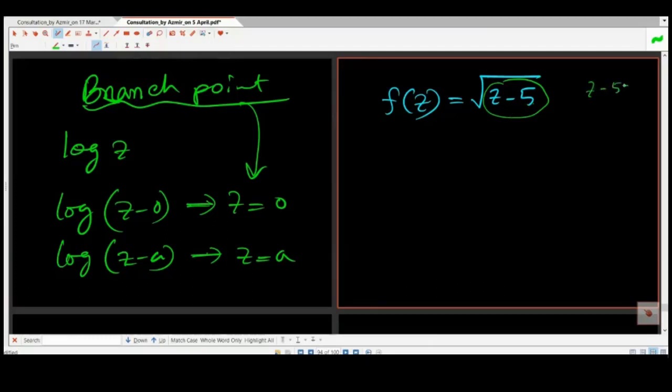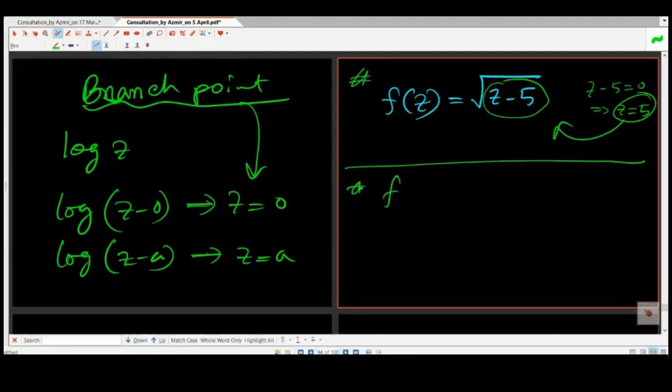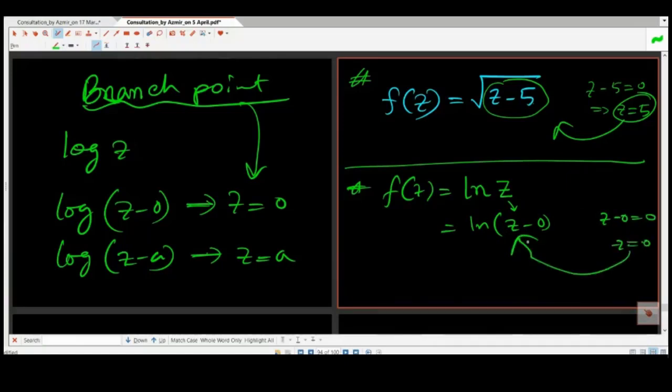If we solve z minus 5 equals 0, we will have z equals 5. So z equals 5 will be the branch point of f of z. Let's have another example. Suppose we have f of z equals natural log of z. What will be the branch point? We can think of it as z minus 0, so z equals 0 will be the branch point.